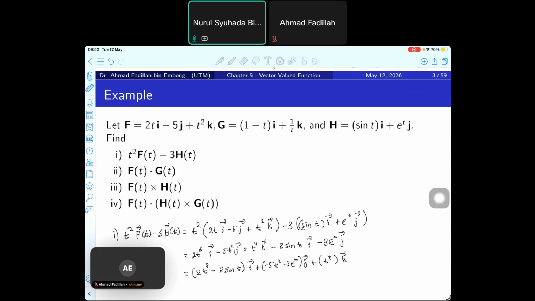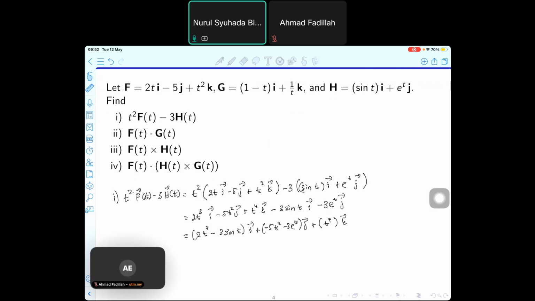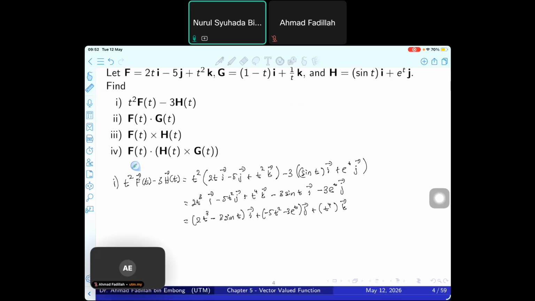Now we have three vectors, F, G, H. First, we would like to find t squared F(t) minus 3H(t). In writing, I'm going to write an arrow above the letter.